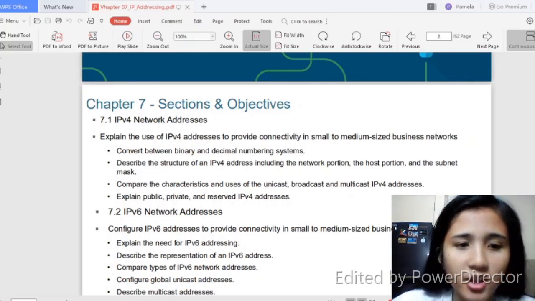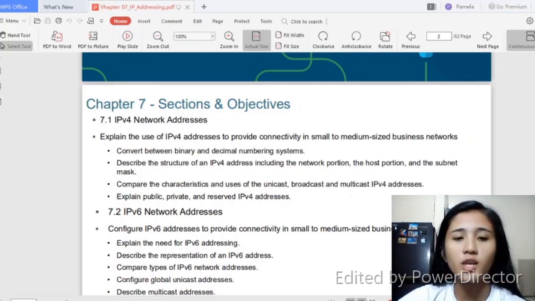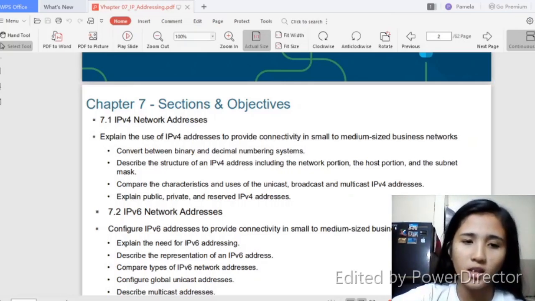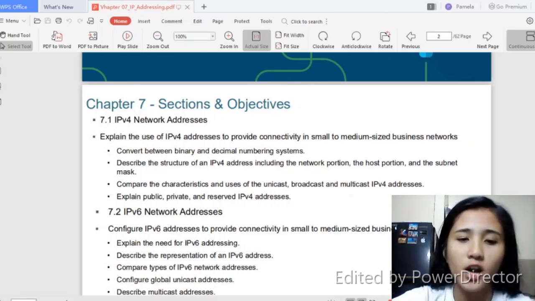Compare the characteristics and uses of the unicast, broadcast, and multicast IPv4 addresses, and then explain public, private, and reserved IPv4 addresses.